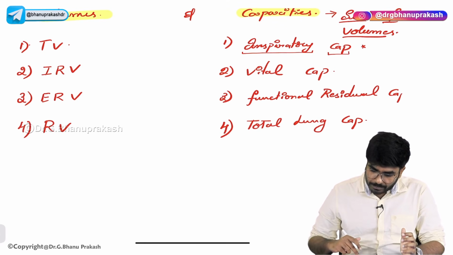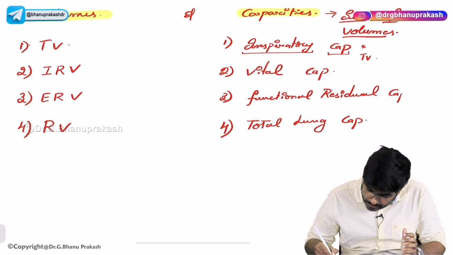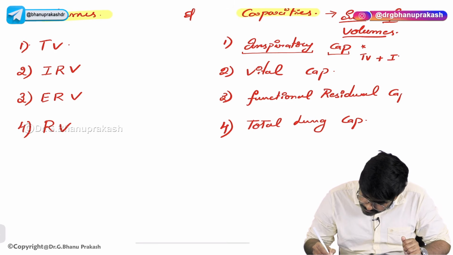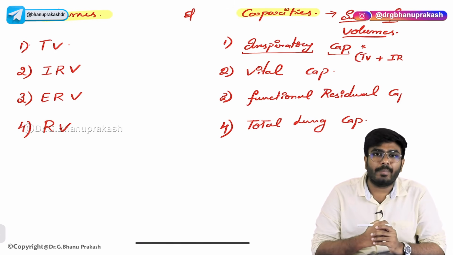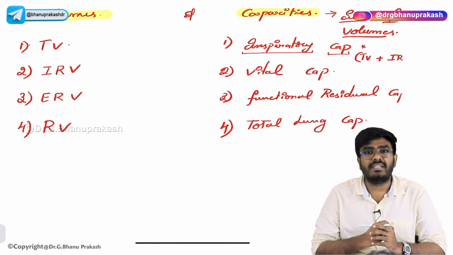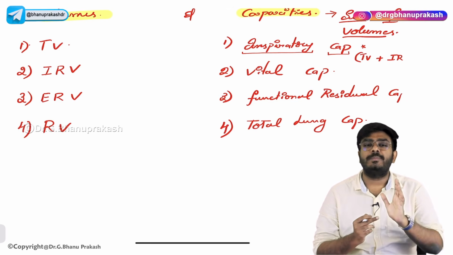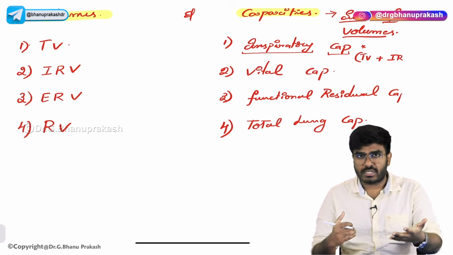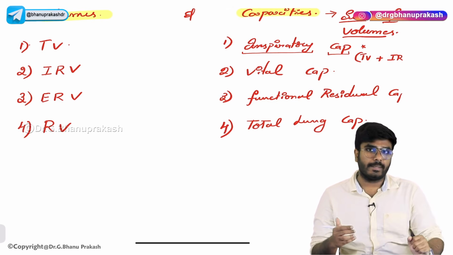So the formula for inspiratory capacity is tidal volume plus inspiratory reserve volume. It is the total inspiration you can take.